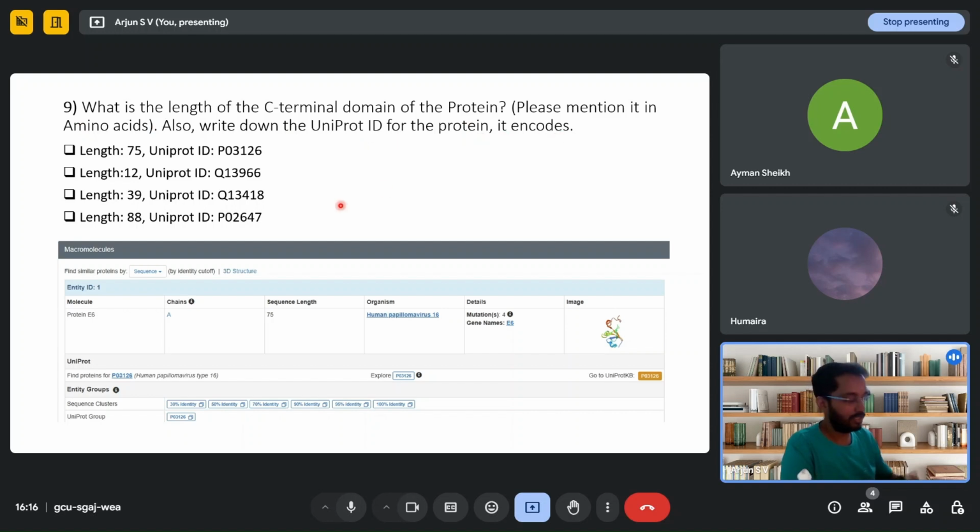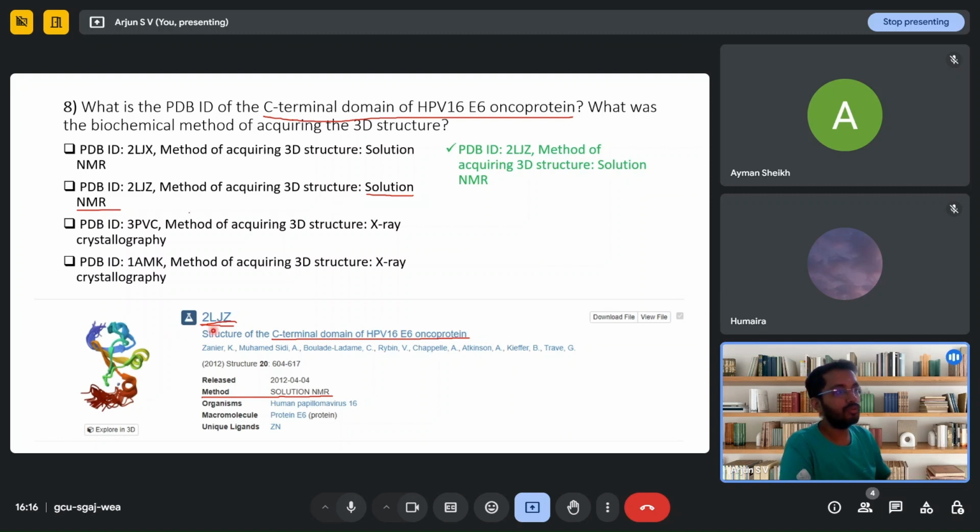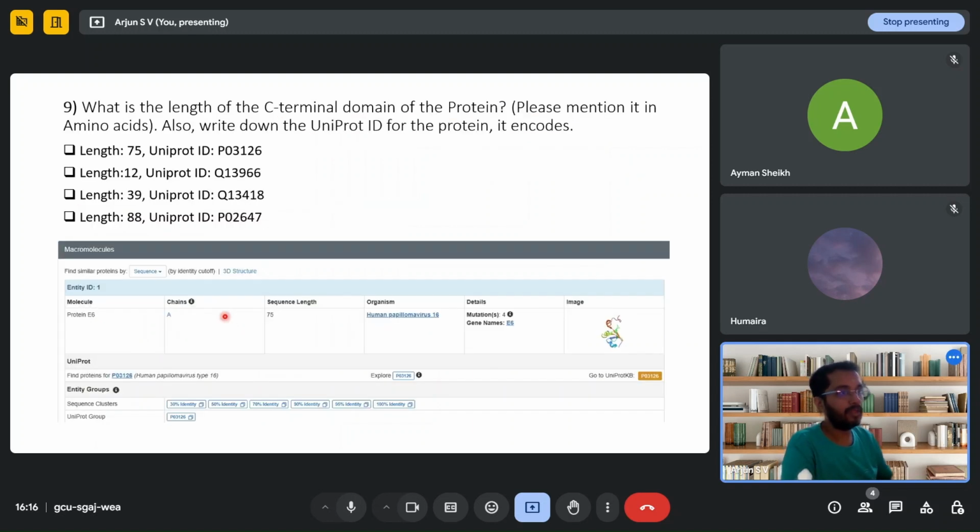If you click onto this 2LJZ button, you will go to a page, and if you scroll down, you will find this tab called macromolecules, where they have said sequence length is 75. So the C-terminal domain is 75 amino acids long.